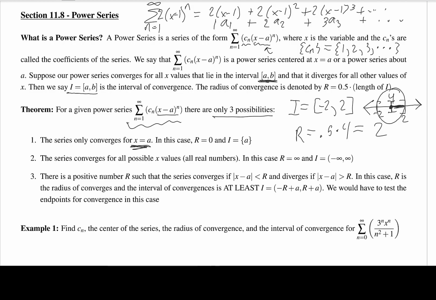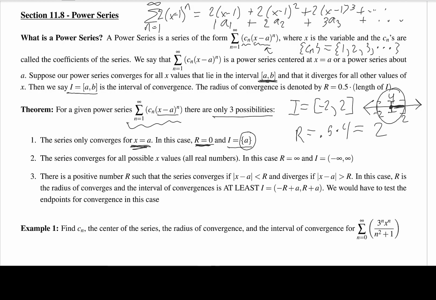So we're adding 0 infinitely many times, which means that the series is going to converge to 0. All right? So in this case, we would say that I, the interval of convergence, is just this one number, a. Okay? And so in this case, our interval of convergence has a length of 0, which means that our radius of convergence is going to be equal to 0.